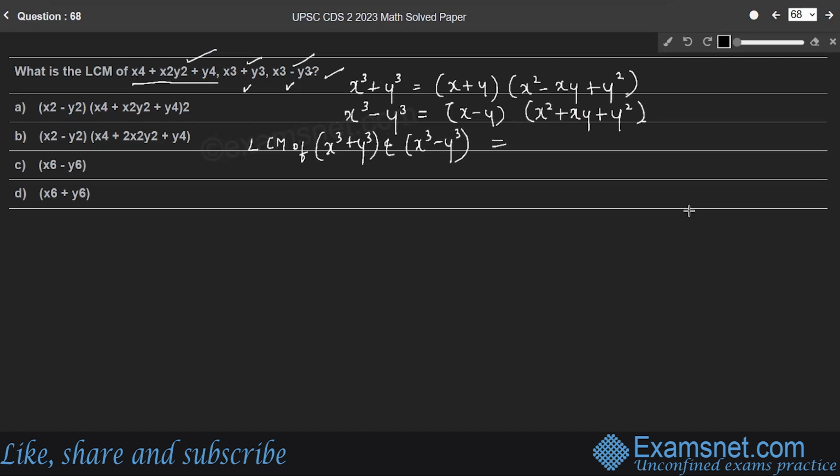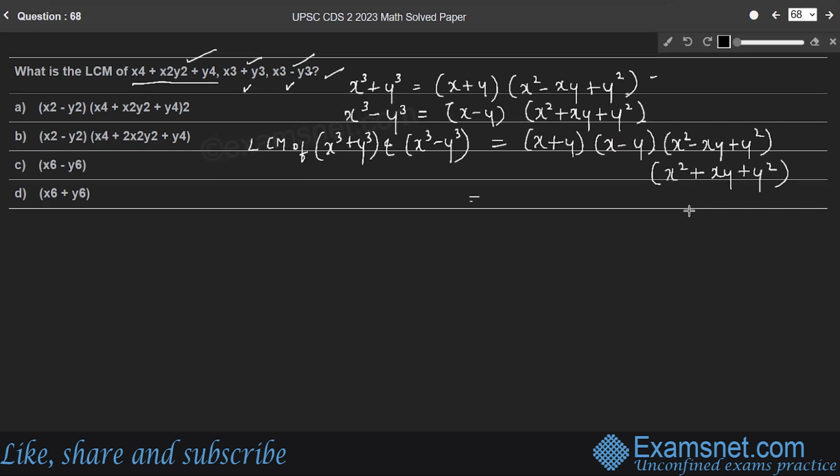That means we have to multiply these two factors: x plus y into x minus y, into x square minus xy plus y square into x square plus xy plus y square. There are no common factors here, so we just multiply the factors.